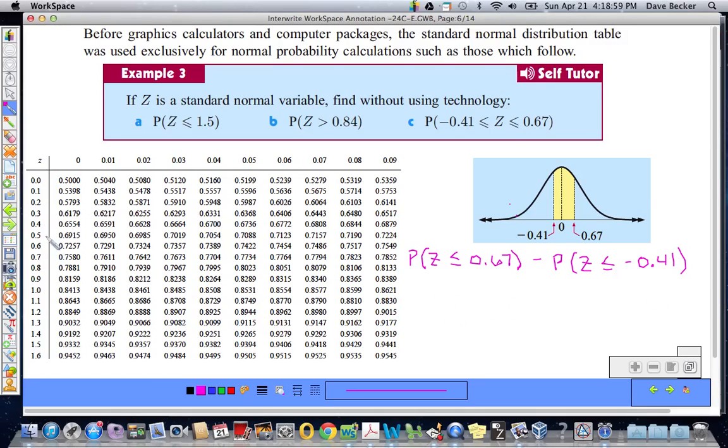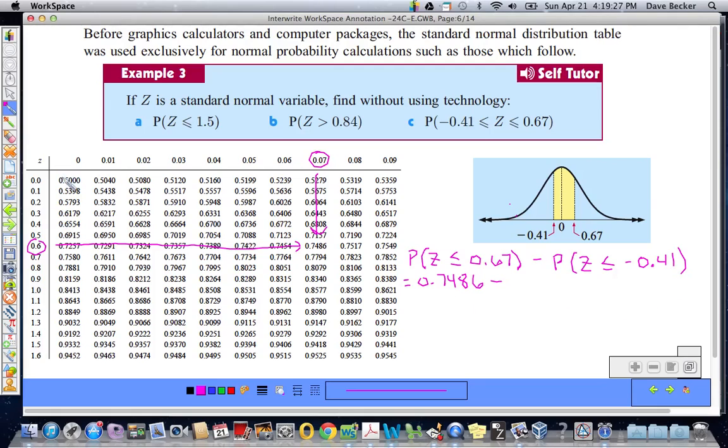So 0.67, here we go. Looks like it's going to be right there. So this is 0.7486. So this is going to equal 0.7486 minus the probability that z is less than or equal to negative 0.41.